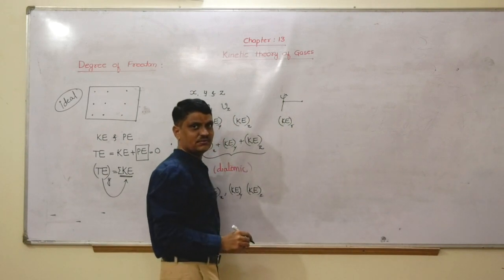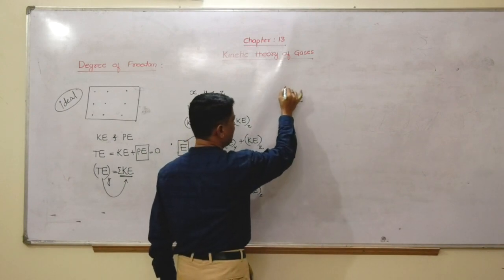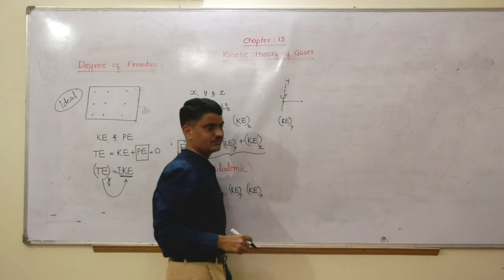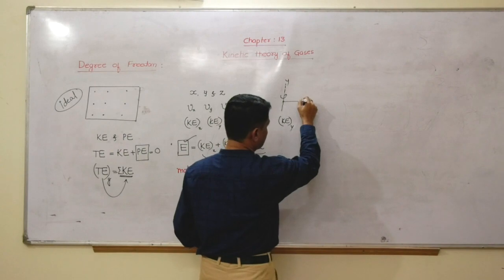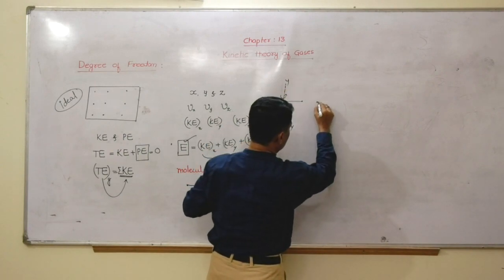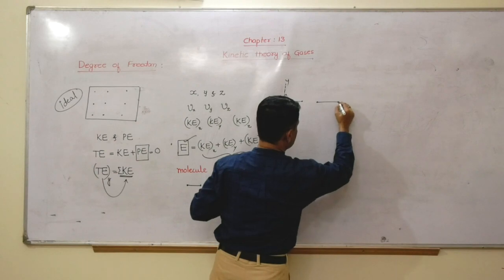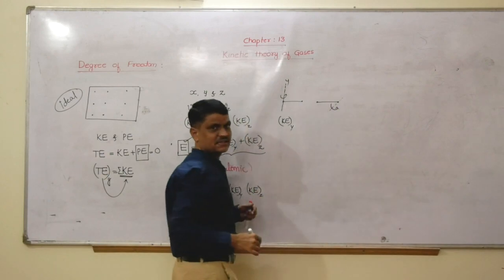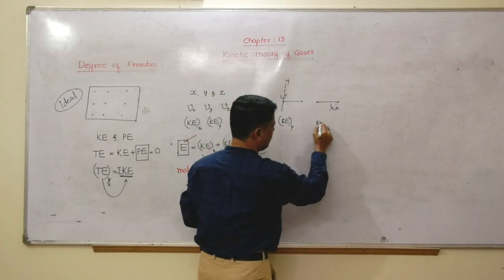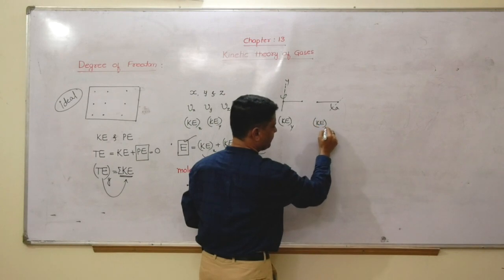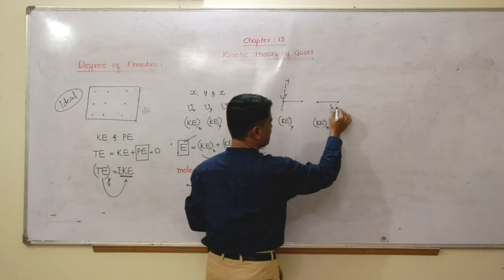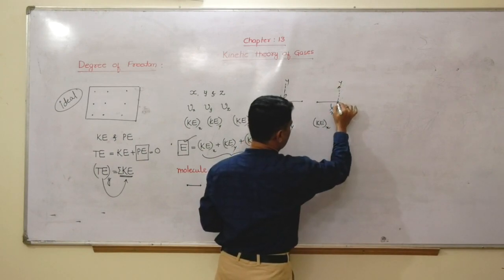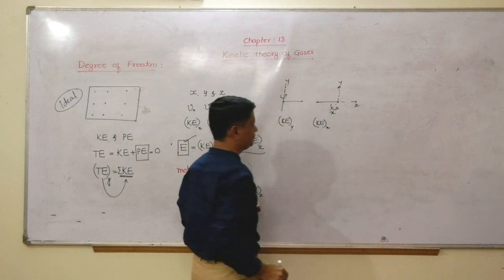Rotational kinetic energy along one axis, say it is the y-axis. Similarly, when I take like this as an axis, see, this is the axis like this. It can rotate along this axis also. Say that is the z-axis or x-axis, whatever. Okay, I am taking this as the x-axis, this as the y-axis, and this as the z-axis.